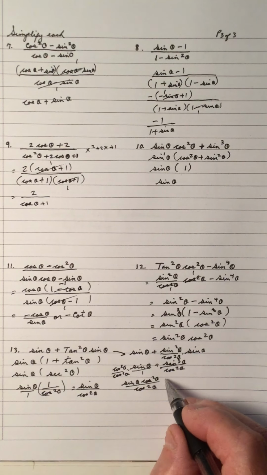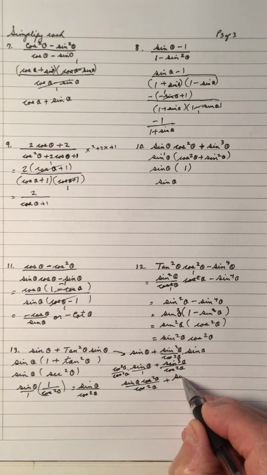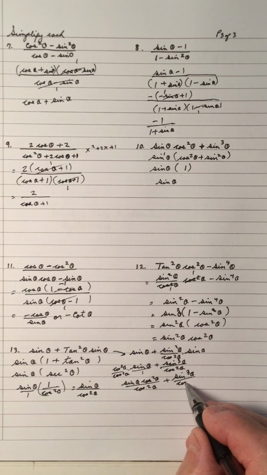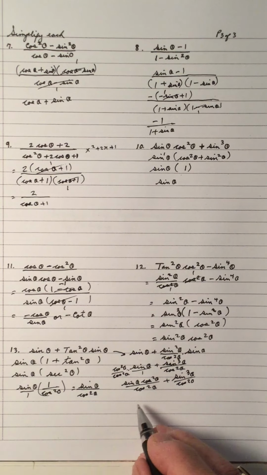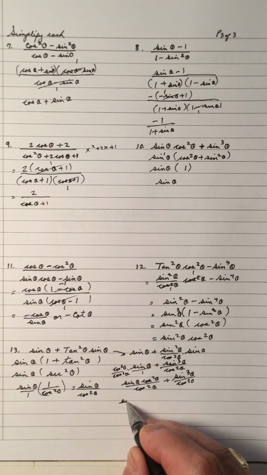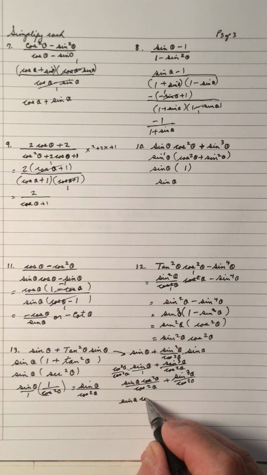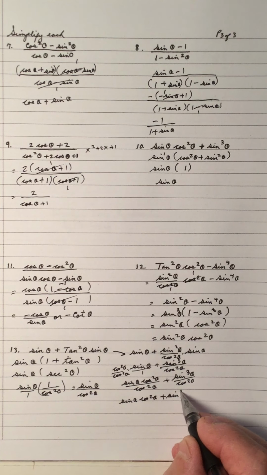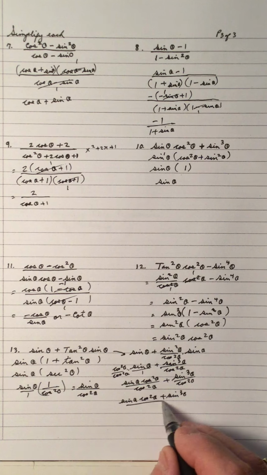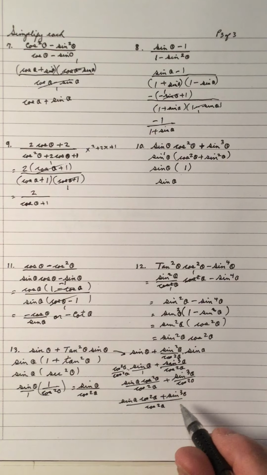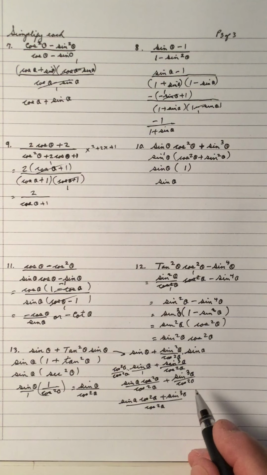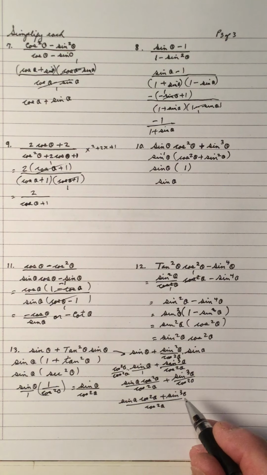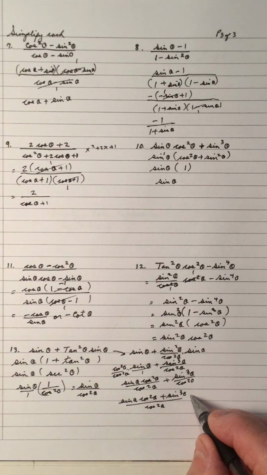Cos squared times 1 is there, and I get sine cubed cos squared, and note that becomes sine theta cos squared plus sine cubed all over cos squared. So you'll end up doing the same idea. Now we got a factor at the top, and so watch what happens.